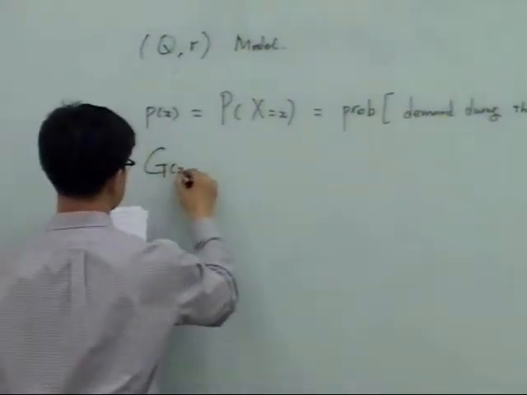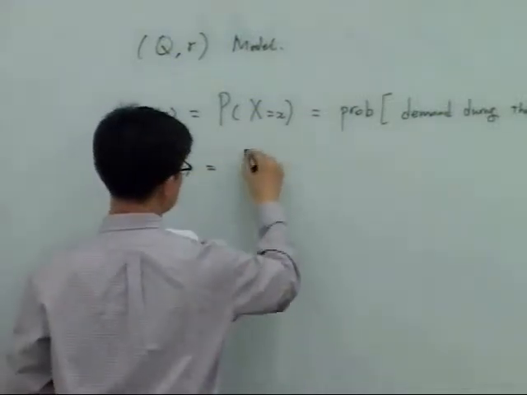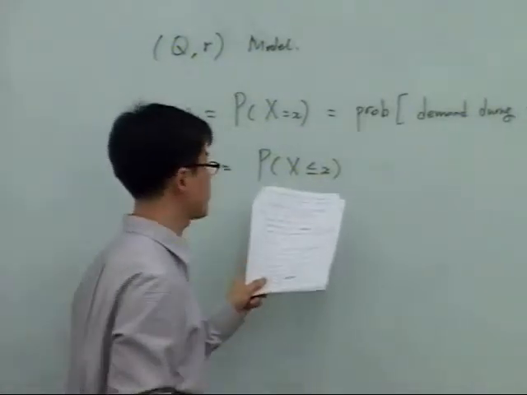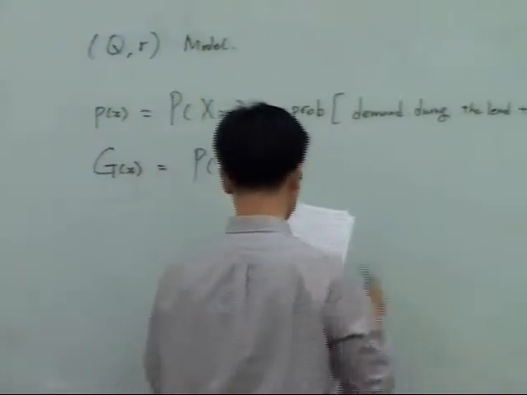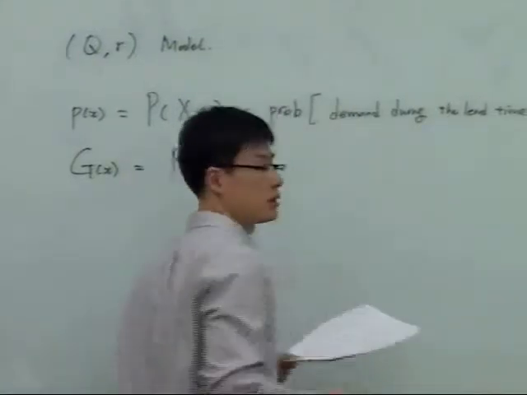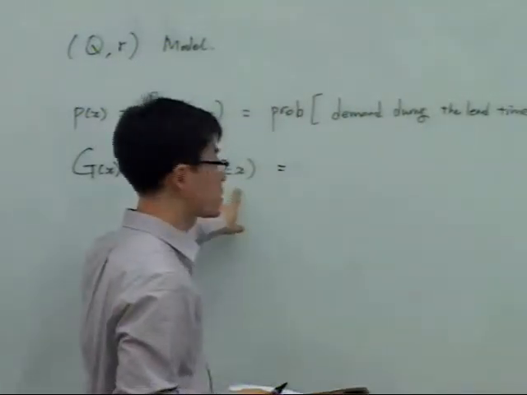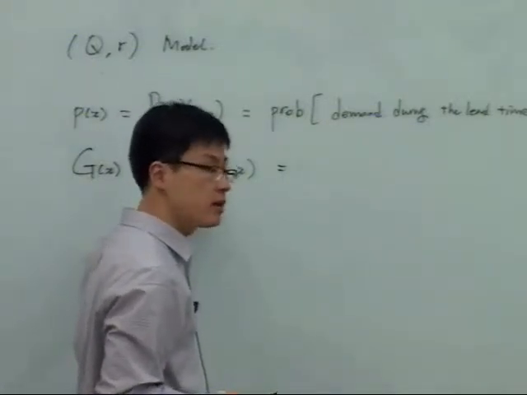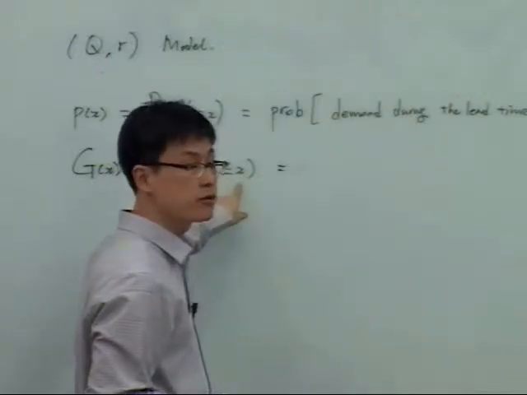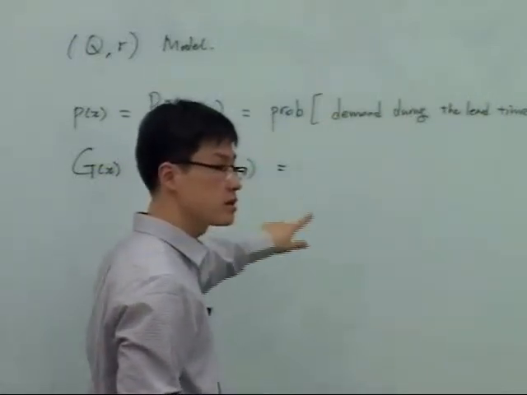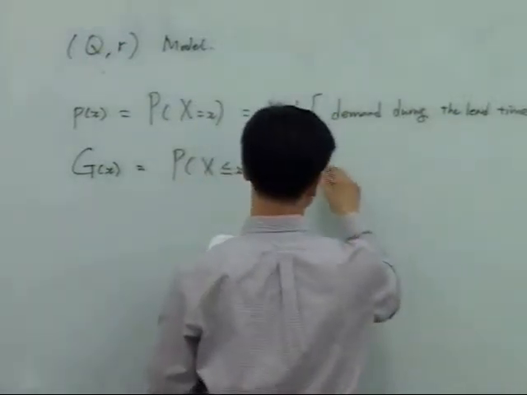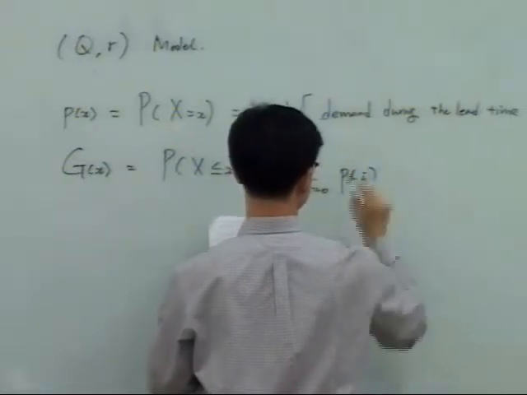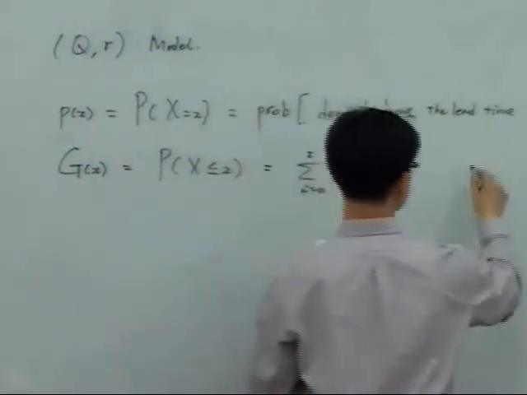And large G(x) is the probability of this, where the equality sign comes in, so now it becomes a CDF. In words, we can say that the demand during the lead time L is equal to or less than some value x. Okay, it's a CDF, and basically it's a summation of p(x), right?